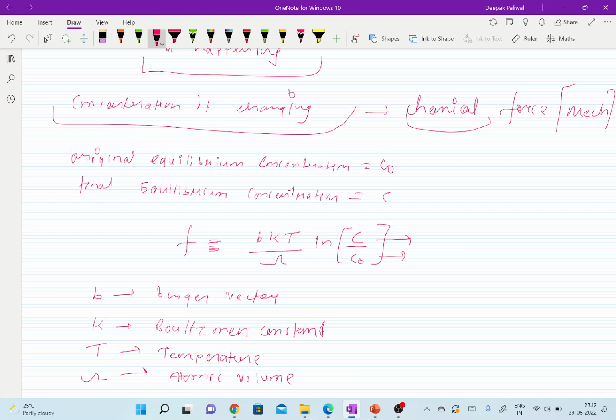C naught is the original equilibrium concentration. Okay, so from this value we can find out the chemical force or the climb force required for the climb up or climb down.